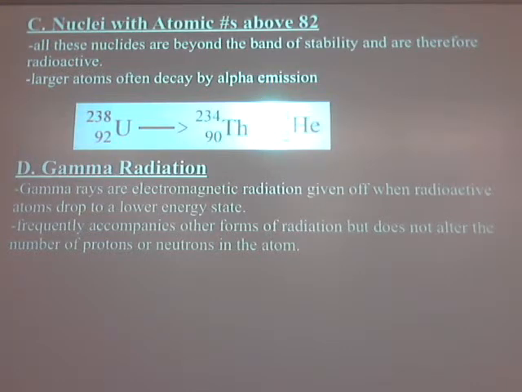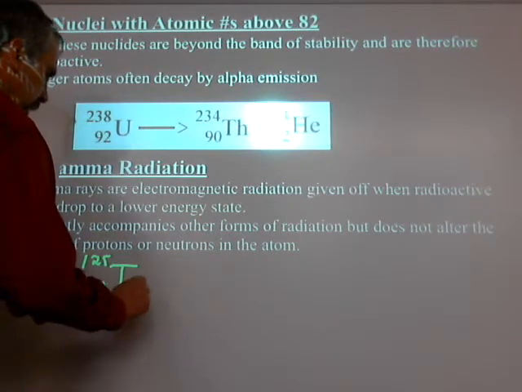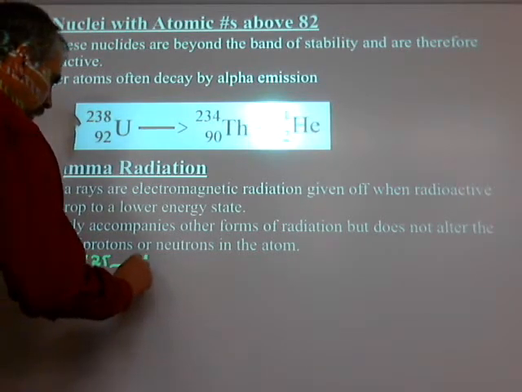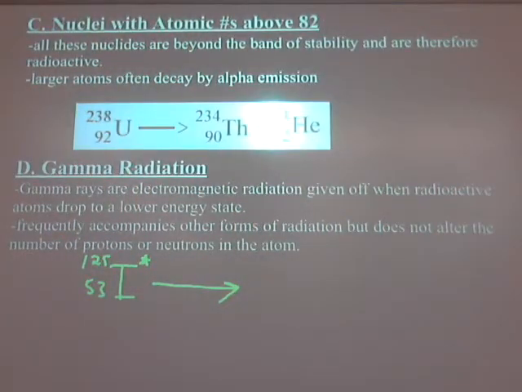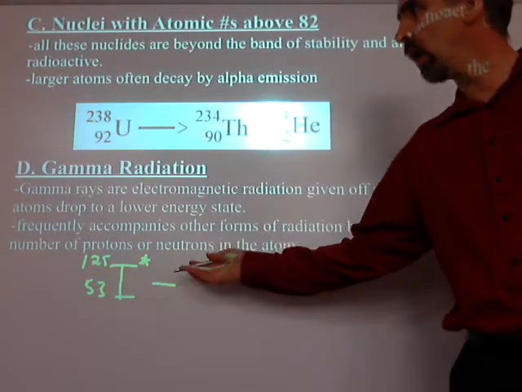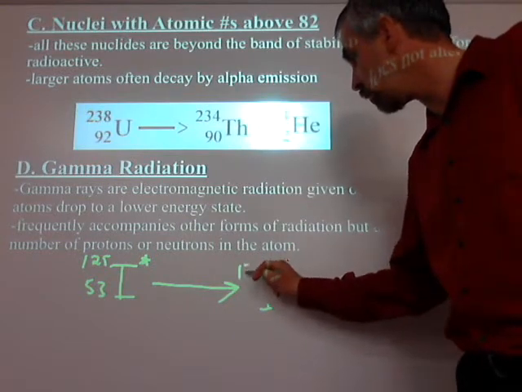So what does the equation look like? Well, let me just show you one. If I take iodine 125 and I have it give off some gamma radiation, it will still be iodine 125.